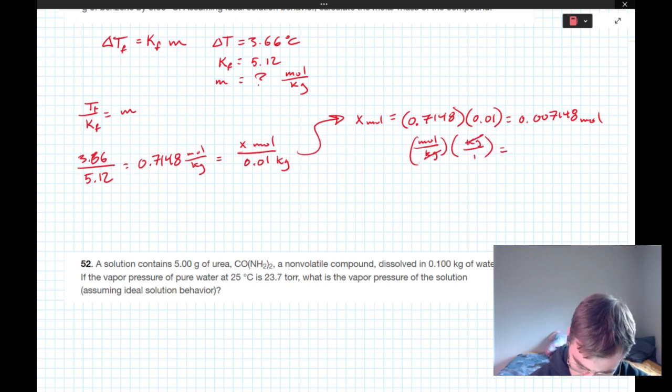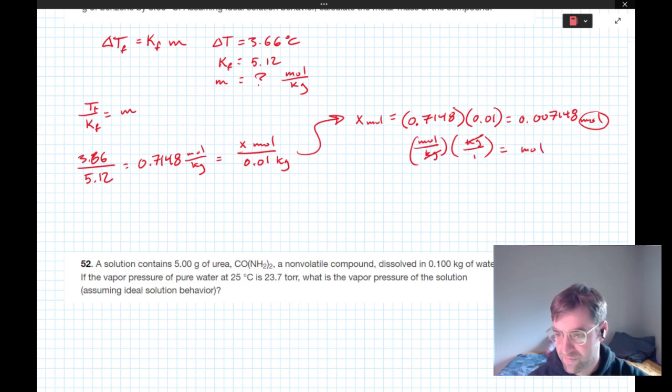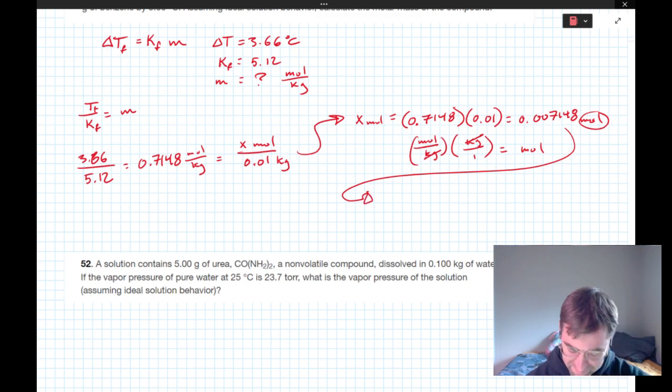Kilograms cancel out, equals moles. Okay, so we have our moles. We were given 1.35 grams of the unknown organic compound.